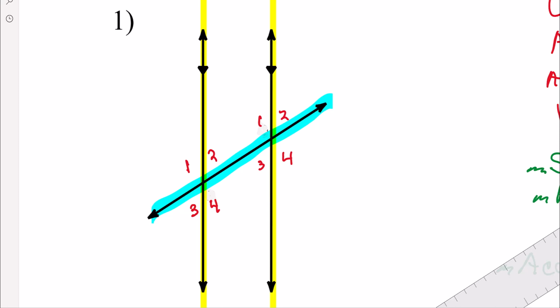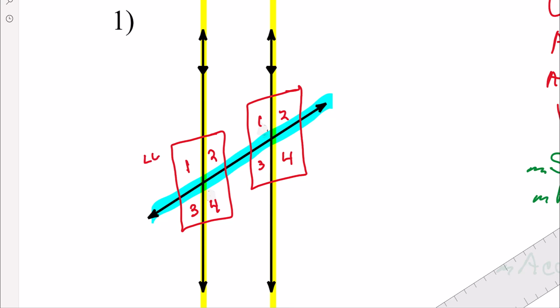Notice how when this transversal crosses, it creates two identical sets of the exact same size angles, and I went ahead and labeled them. So this is the left upper, this is the left upper, this is the right upper, this is the right upper, this is the left lower, the right lower, the left lower, the right lower, right?